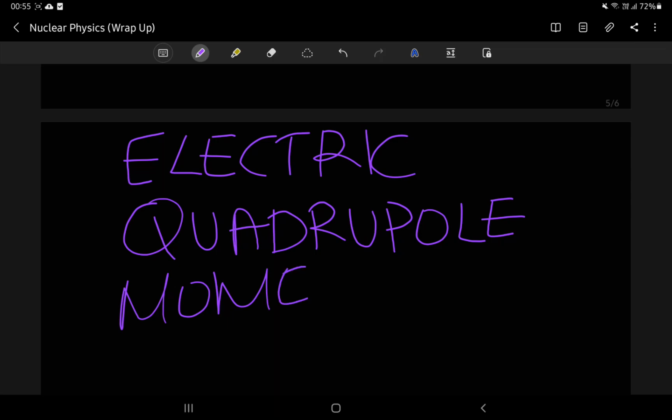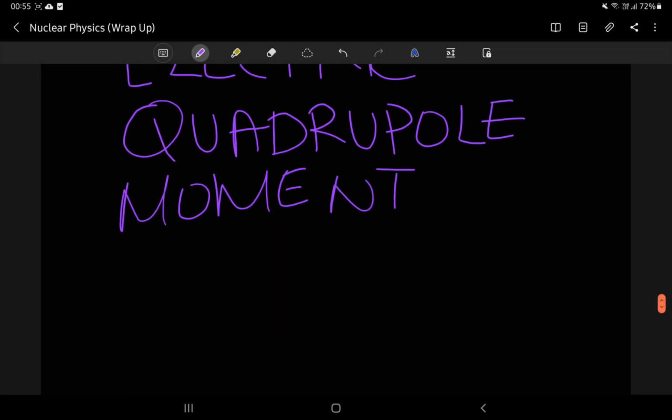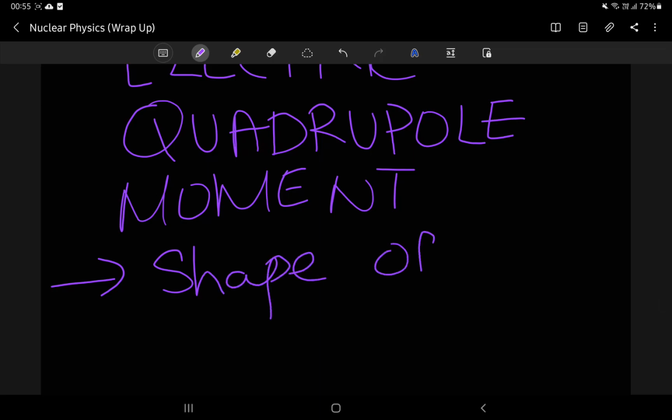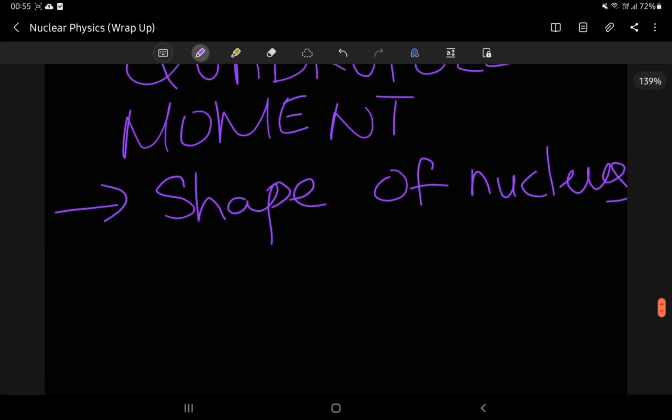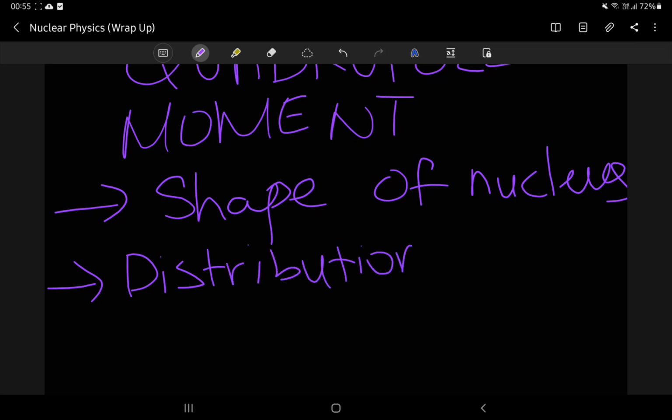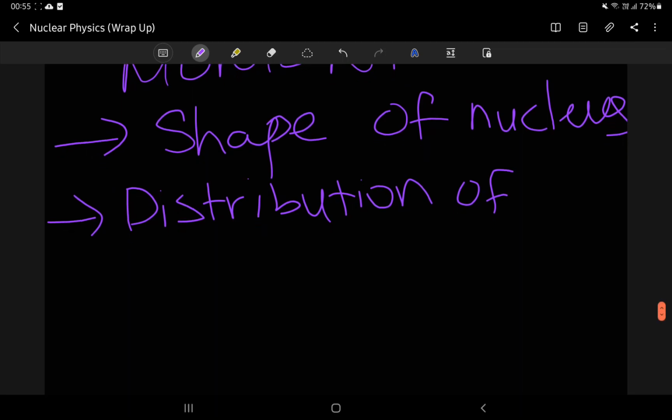It tells us about the shape of the nucleus and also the distribution of charge.